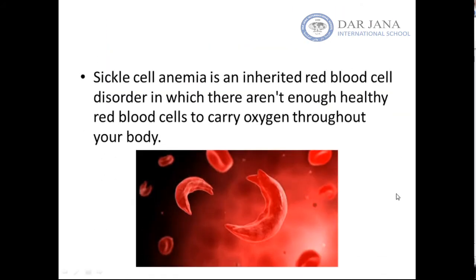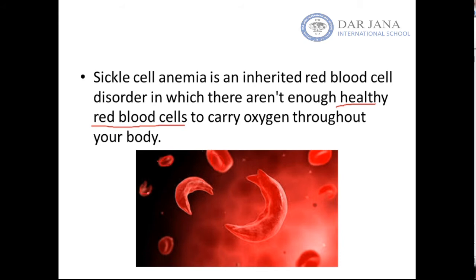The second example is sickle cell anemia. Sickle cell anemia is an inherited red blood cell disorder in which there aren't enough healthy red blood cells. What do we mean by healthy red blood cells? Healthy red blood cells should be round and disc-shaped like these red blood cells.